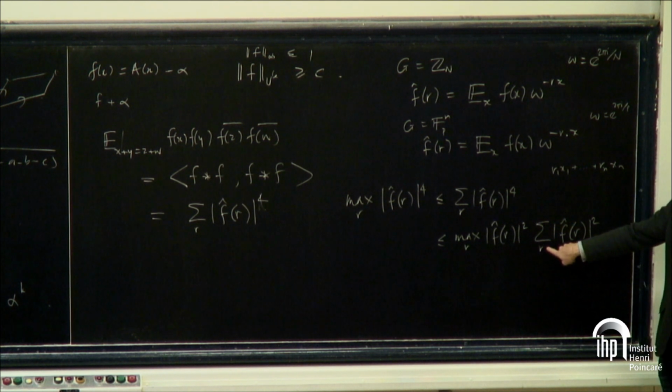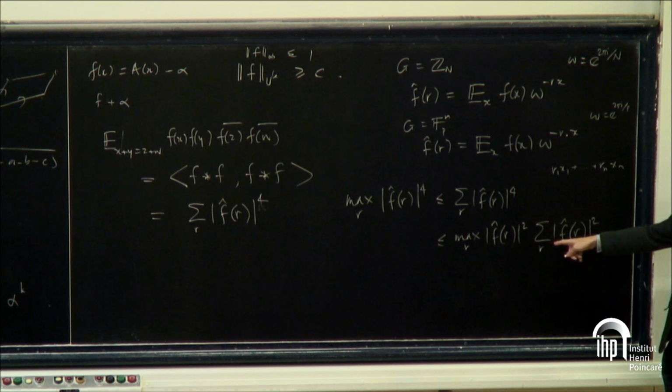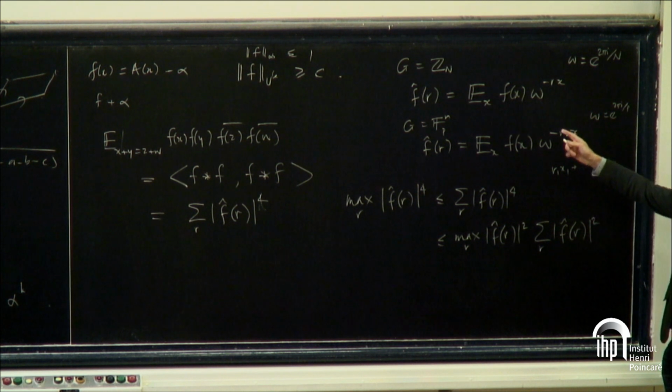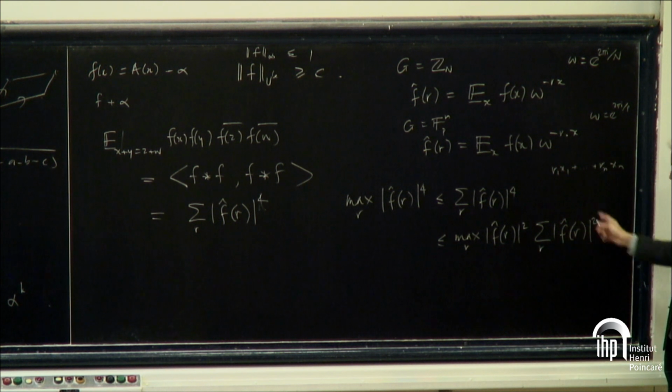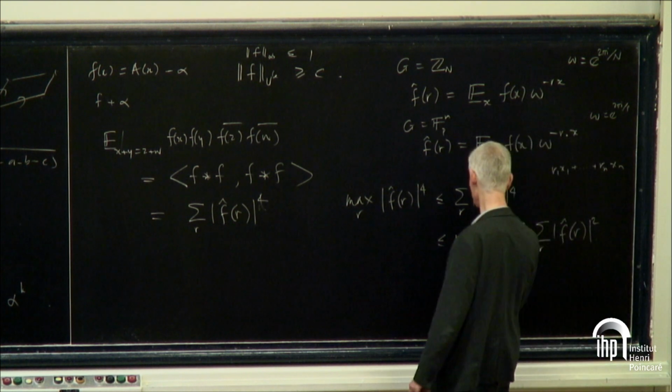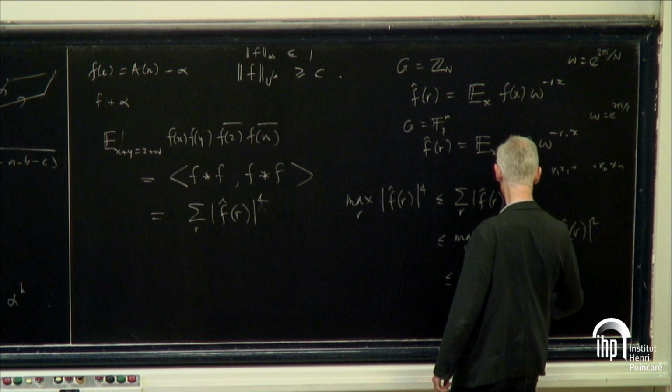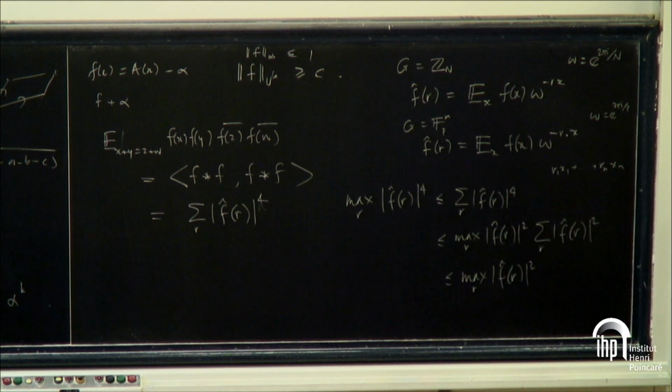And this thing here, by Parseval's identity, is equal to the L2 norm of f itself, which, because we're assuming f is bounded and defining L2 norms using expectations, is at most 1. So we can just say it's less than or equal to the max of |f hat(r)| squared. So that's a sort of non-homogeneous inequality, because I'm making the non-homogeneous assumption that f is bounded above by 1.